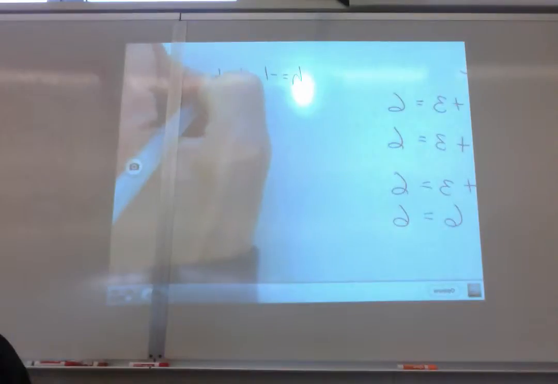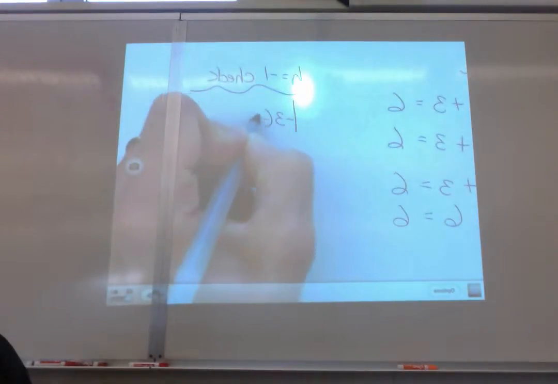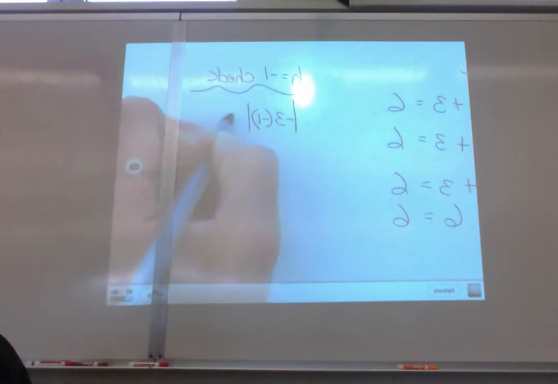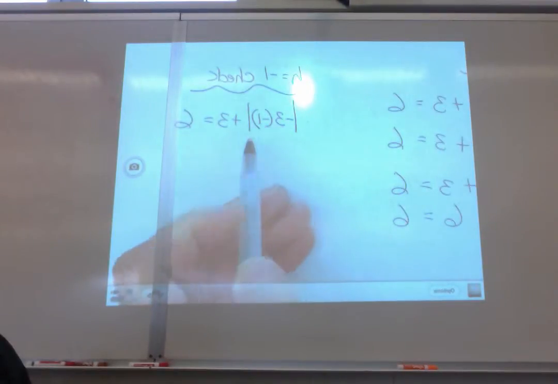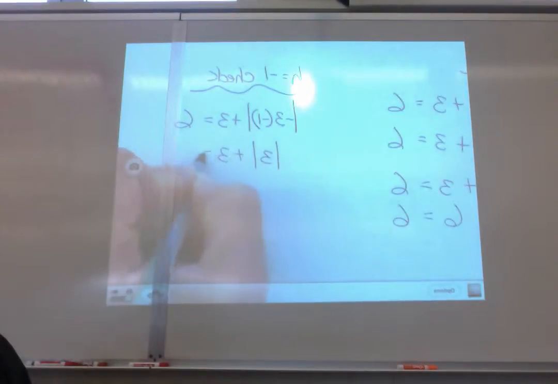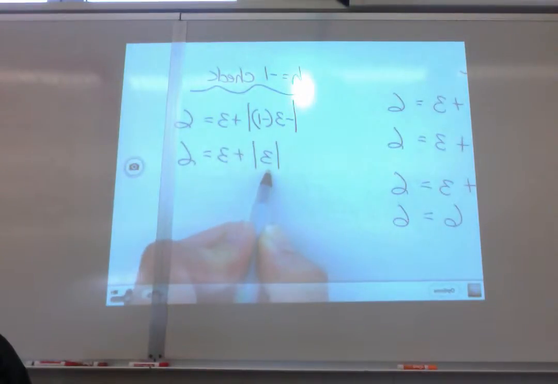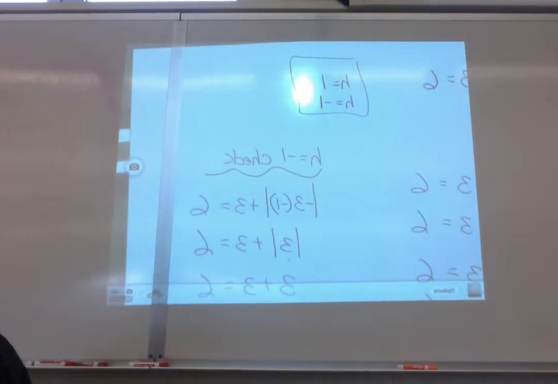Check. Negative 3. Put a negative 1 in for h. What's negative 3 times negative 1? Positive 3. What's the absolute value of positive 3? 3. So the two that we found work. Okay? So we found a 1 and a minus 1.